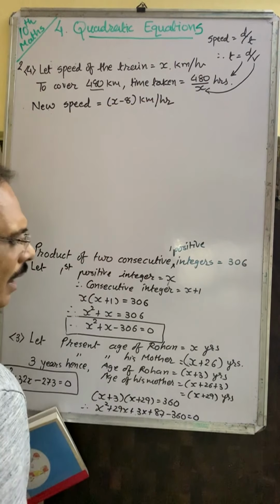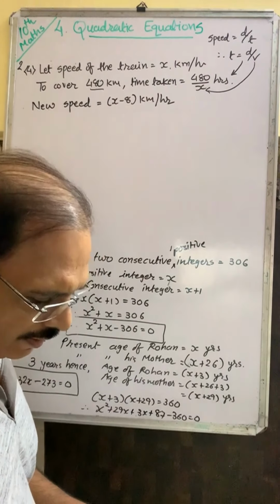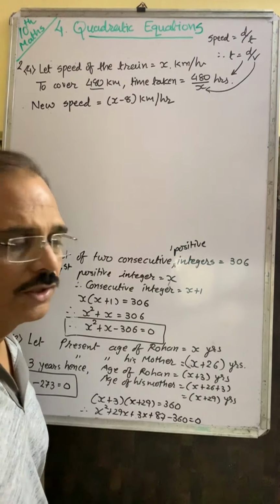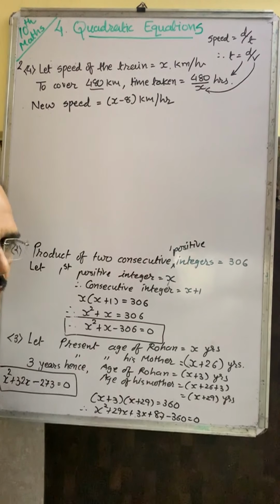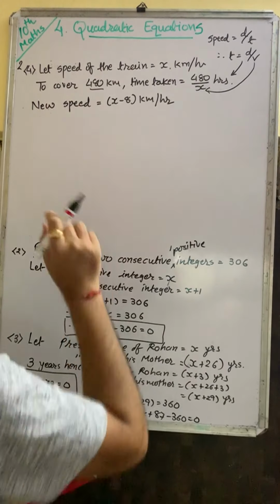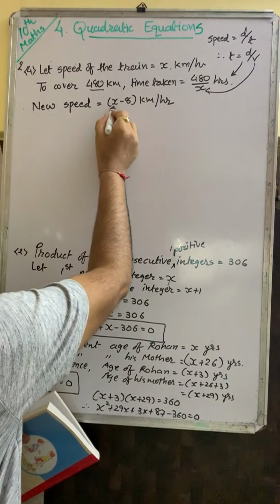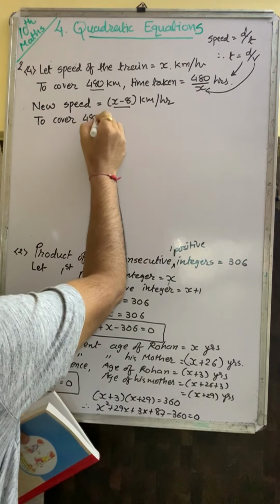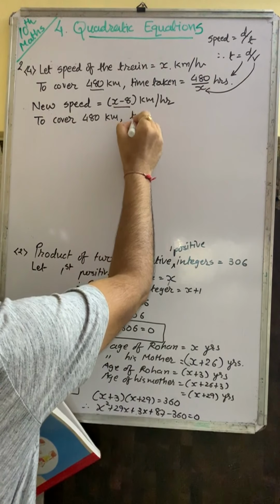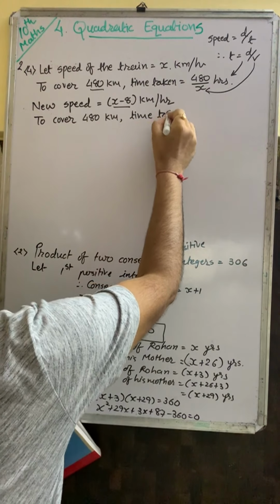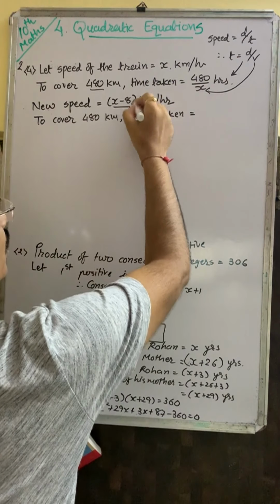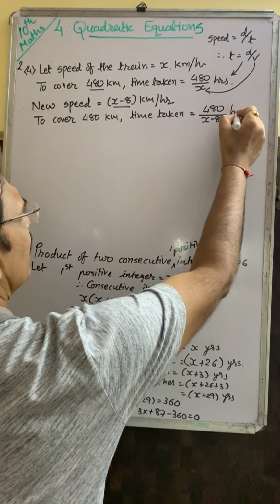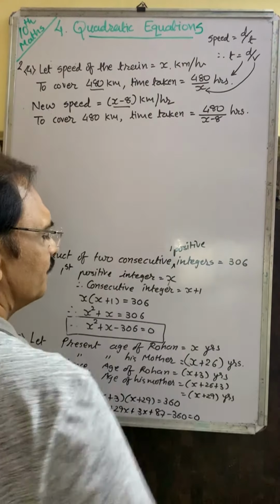It would have taken 3 hours more to cover the same distance. Speed decreases, time increases. The time taken with the decreased speed is 480 upon x minus 8 hours.